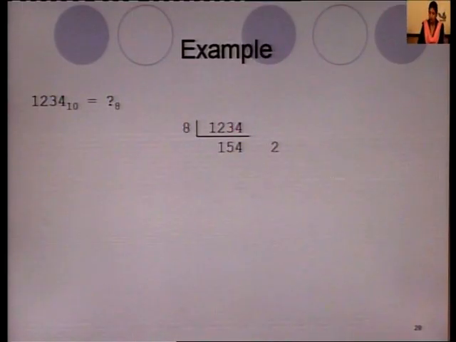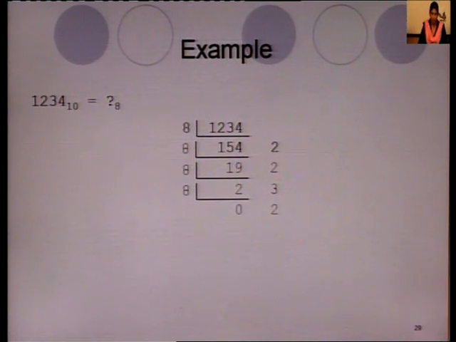Again the quotient will be divided by 8, and the result from this division is 19 as our quotient and 2 as remainder. Again we will divide it by 8, and the result is quotient 2 and 3 is our remainder. Again we will divide it by 8, where the resulting quotient is 0 and the remainder is 2.